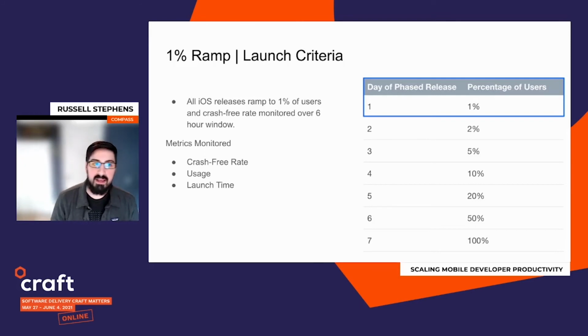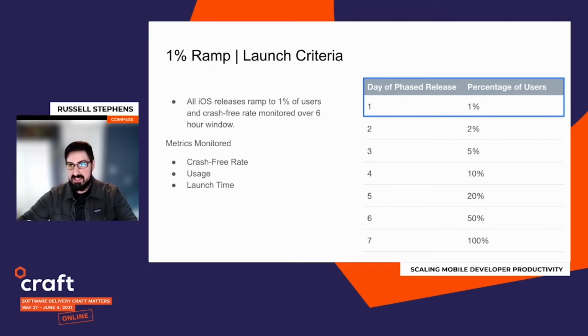If the crash-free rate or overall usage is down, or the launch time increases, we know that we should abort that release, take our old release that was just in production, bump the version there, and release that to Apple within 5 hours.